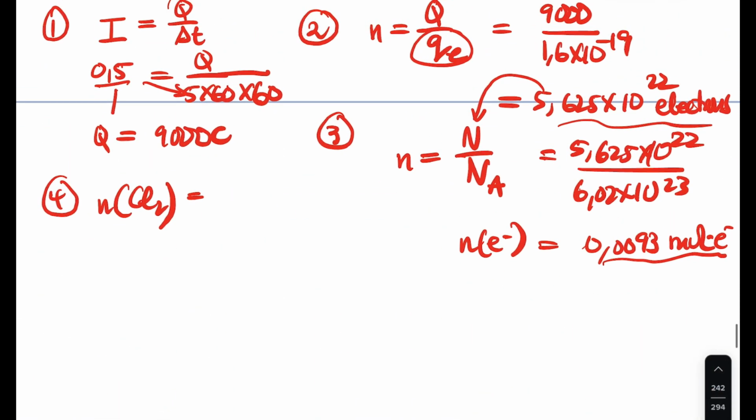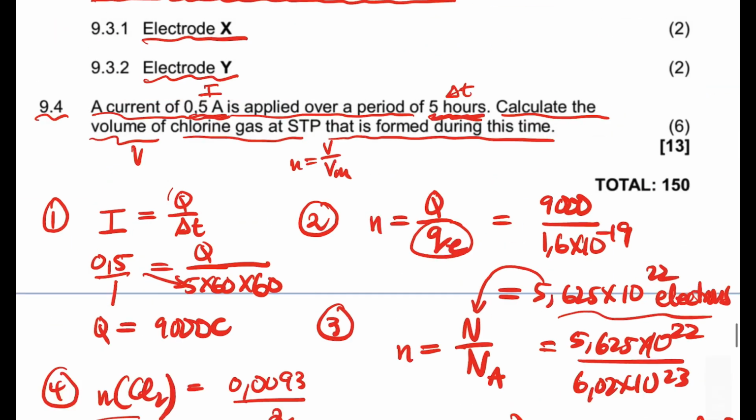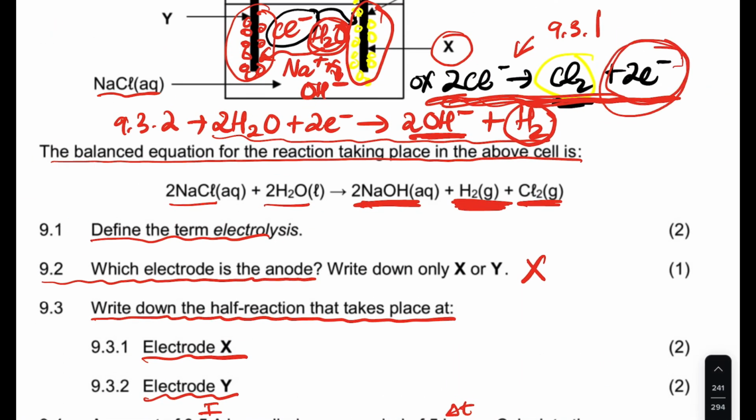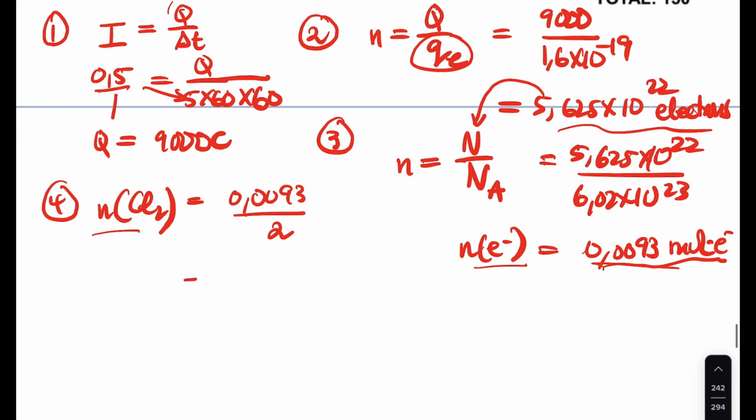So if we want to move the mole of electrons into number of moles, we take this answer, 0.093, and divide it by 2. Where do we get the 2? From the 2 electrons there. So half of that is going to be 0.0465 mole.